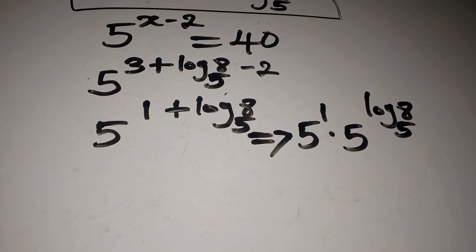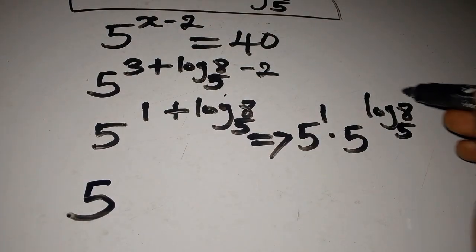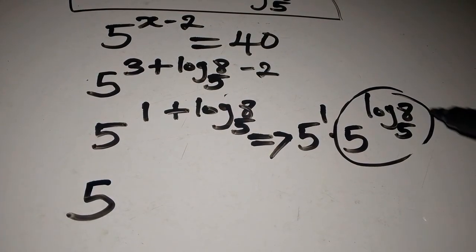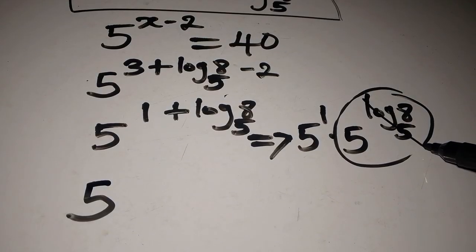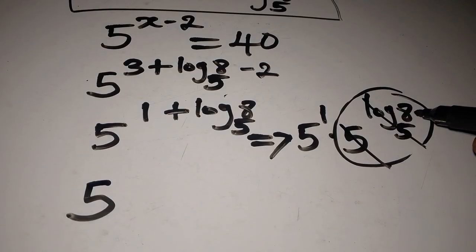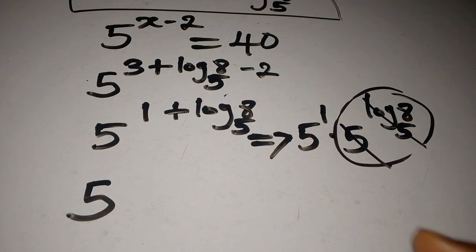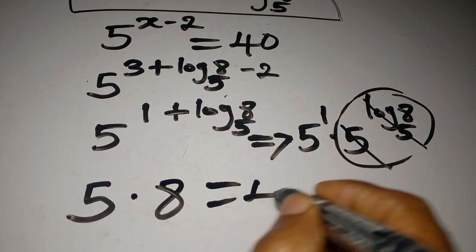So from here, 5 to the power of 1 is 5. And we know that the whole of this should be equal to 8, because the same base here, log to base 5, is the same base that we have here. So only 8 remains according to one of the laws of logarithm. So we just multiply this by 8, and 5 times 8 is 40.